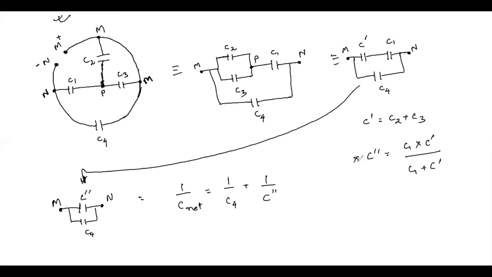This is my C double dash value. So you replace the C dash and C double dash value in this final equation, and you should be able to find your equivalent capacitance. Alright. So this circuit is very important, because this is the basic equivalent circuit, and we have drawn this from the given circuit.